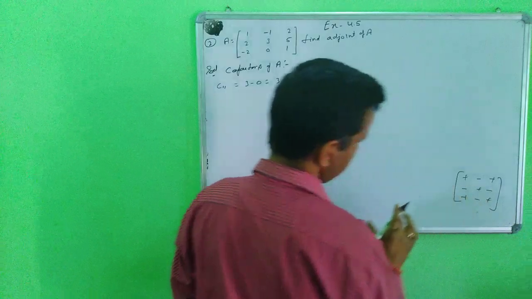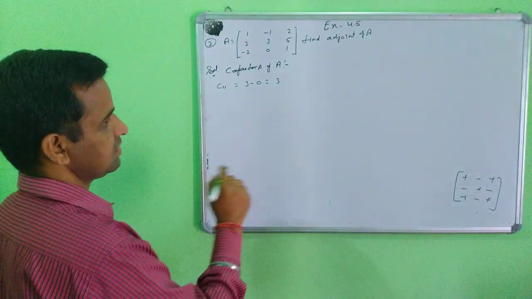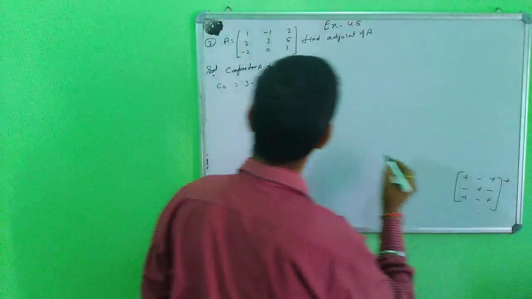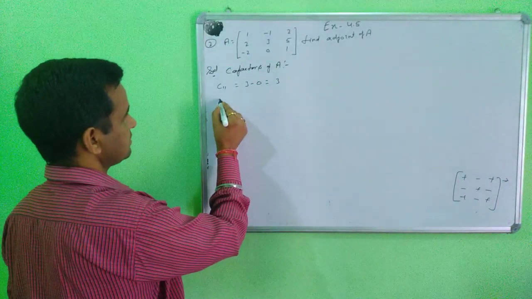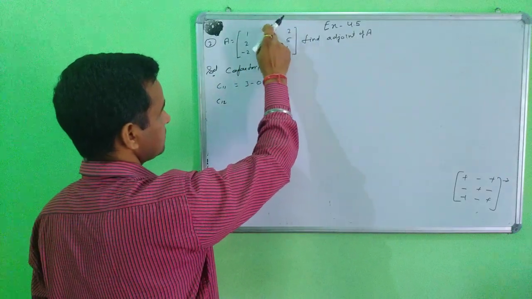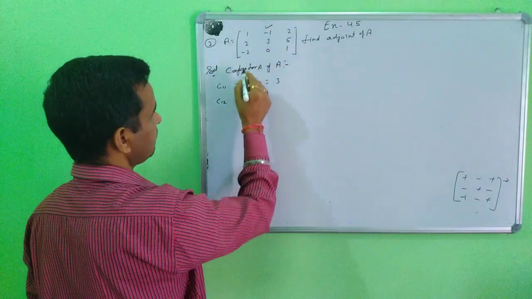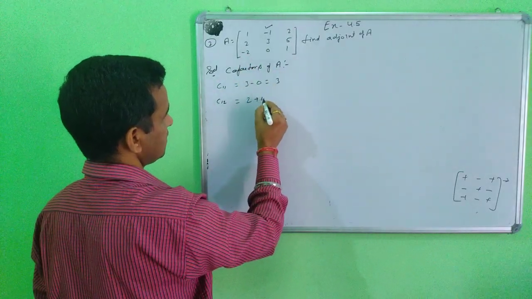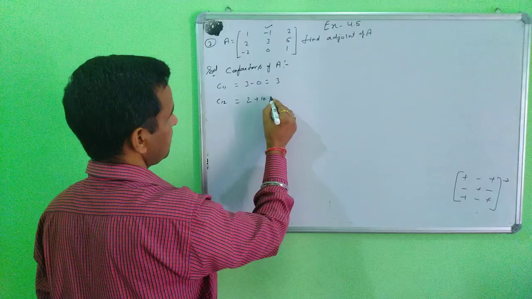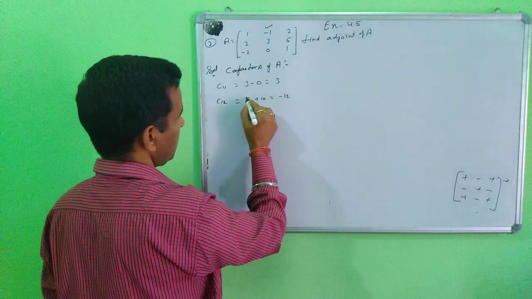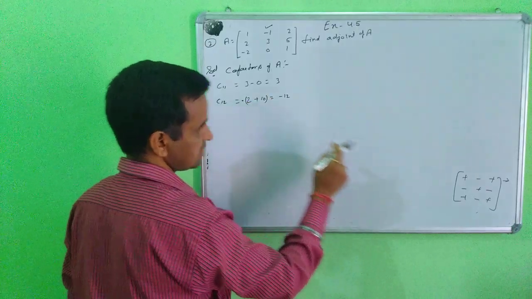Keep this table in mind and put the sign from it. Next, C12 is this element: the first row and second column are hidden. Then what is left is 2 times 1 is 2, and minus minus plus 5 times 2 is 10. This becomes minus 12, and we put the minus sign because of the sign table.